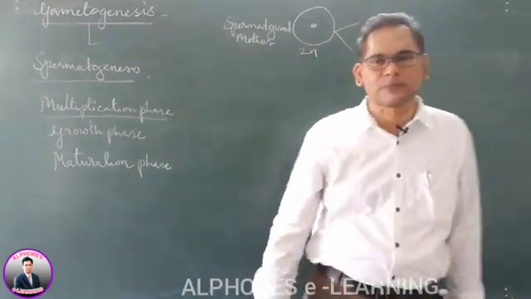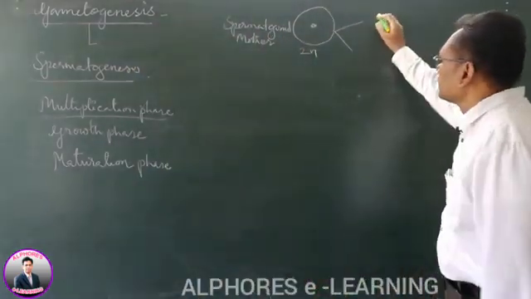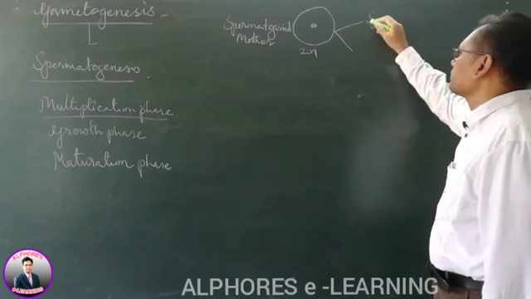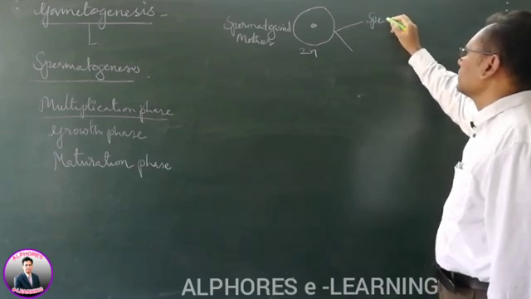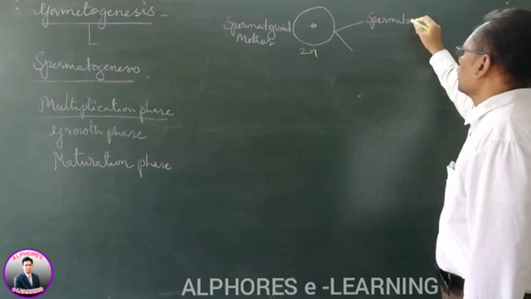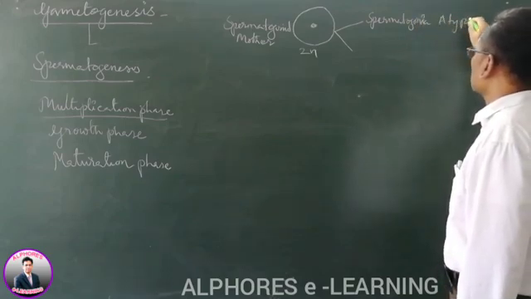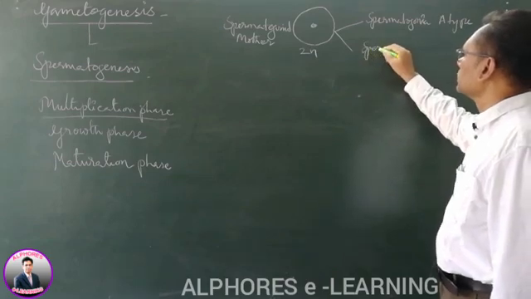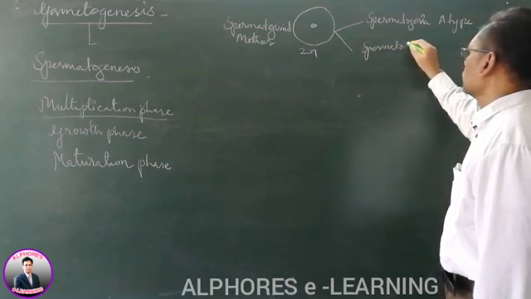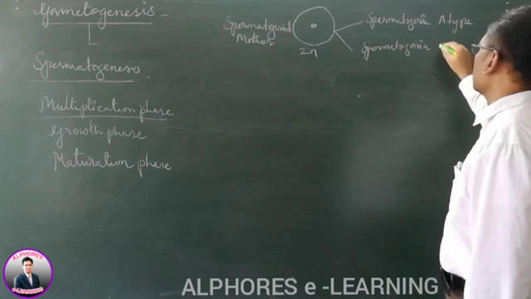What are those two types of cells? Spermatogonia A type and spermatogonia B type.